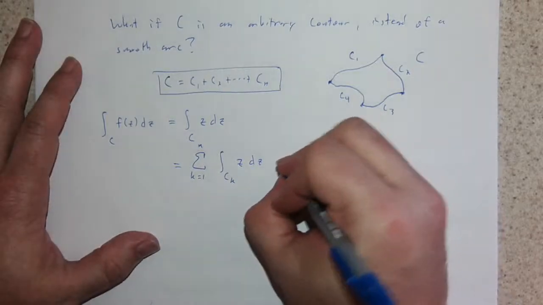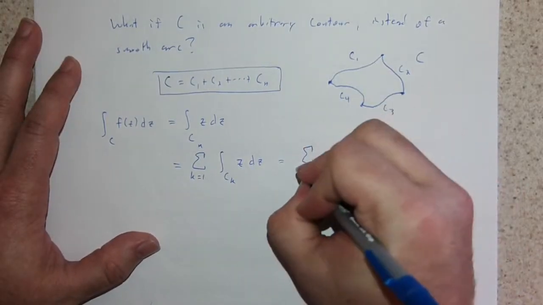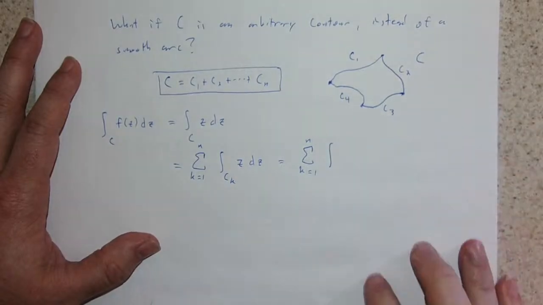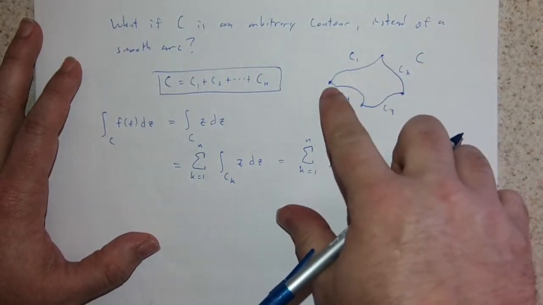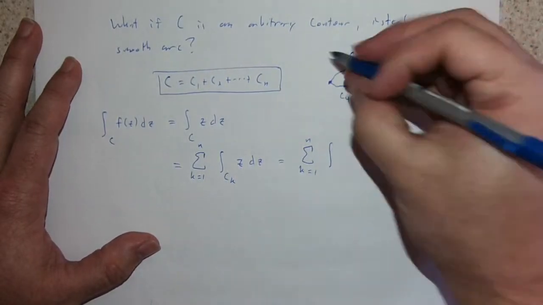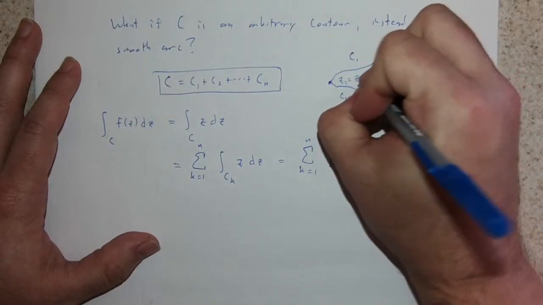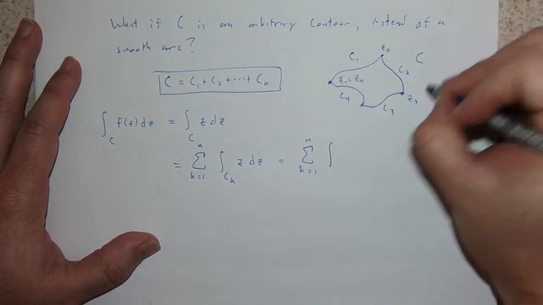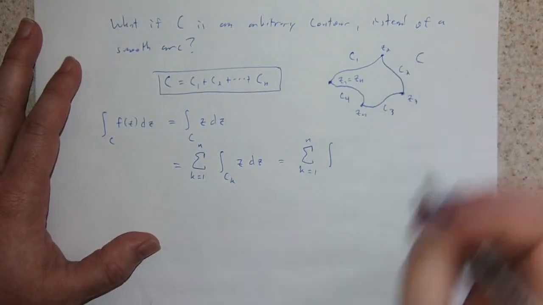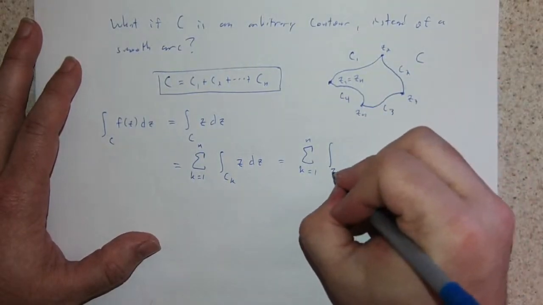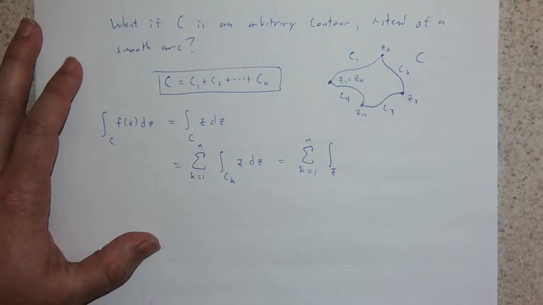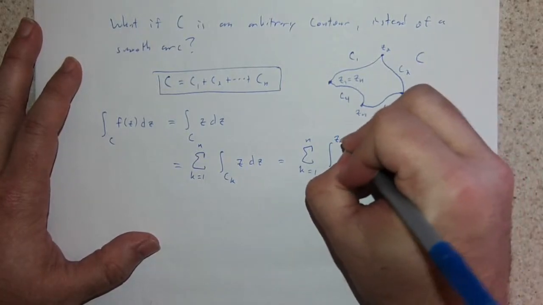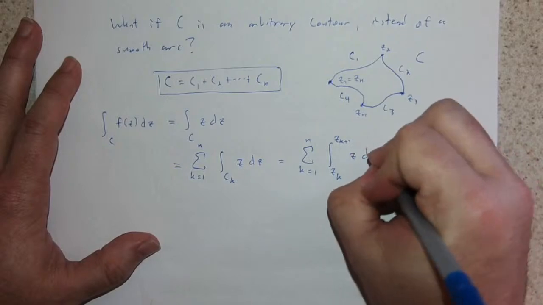In fact, I can rewrite this using this new notation. This is the sum from k equals 1 to n of the integral, if this is z sub 1, this is z sub n, so if z sub 1 is equal to z sub n here, this is z sub 2, this would be z sub 3, z sub 4, and so on. Then this would be the integral from z sub k to z sub k plus 1 of z dz.